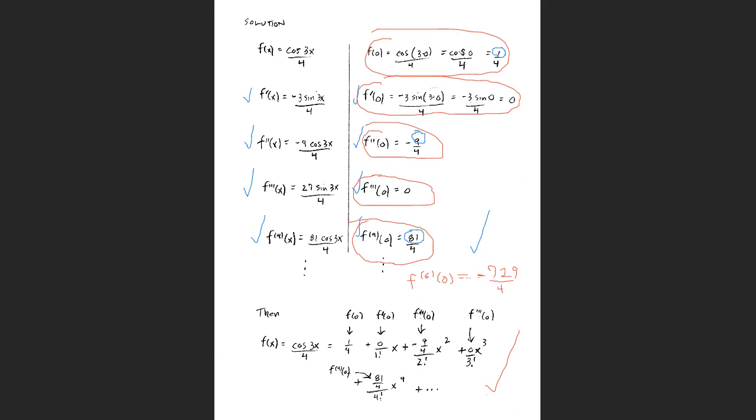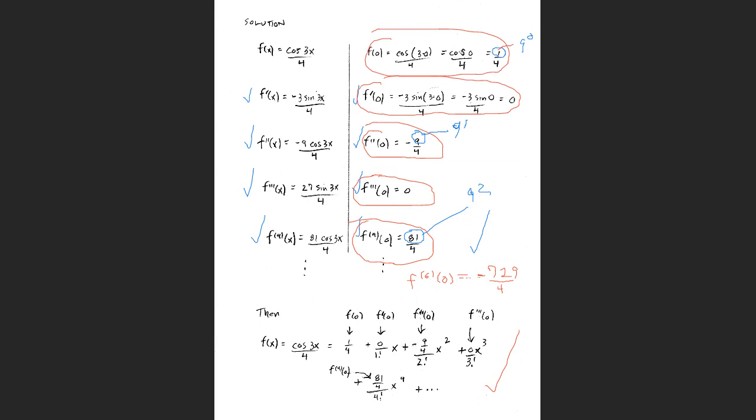Because you think of it like this. 1 is the same as 9 to the 0th power, right? 9 is the same as 9 to the 1st power. 81 is the same as 9 to the 2nd power.